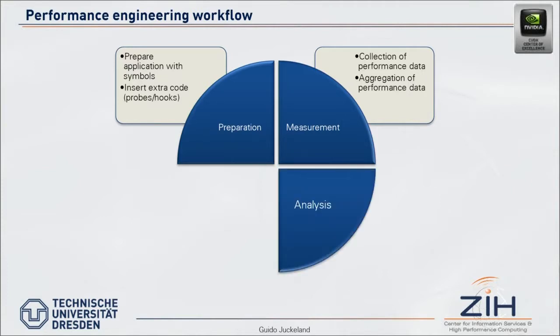Then you do some analysis. This is basically you looking at the data, trying to make sense of it, looking at metrics, utilization, you name it. Typically this is very application specific, because you know what's good behavior for your application and what's not, and it can be very different from application to application.